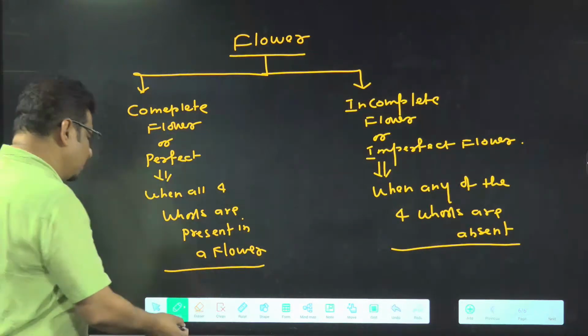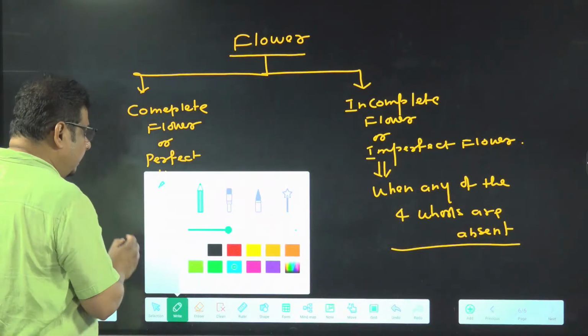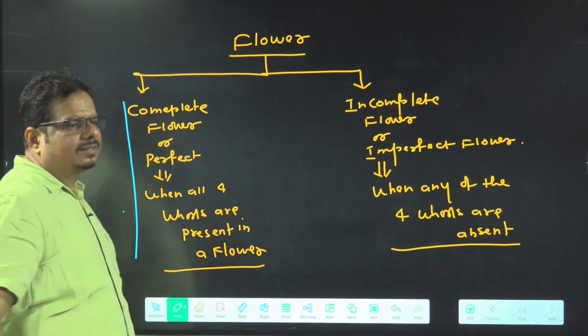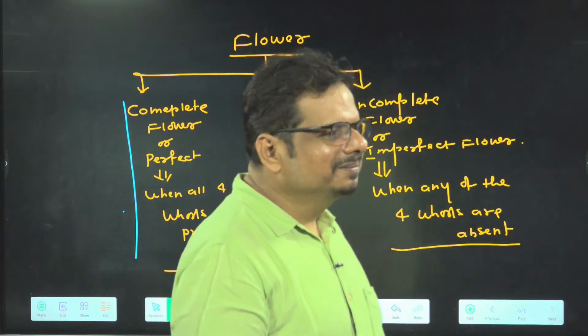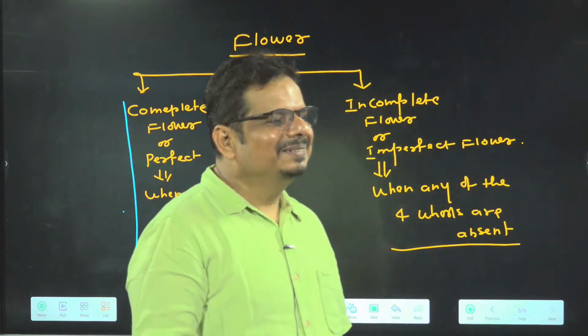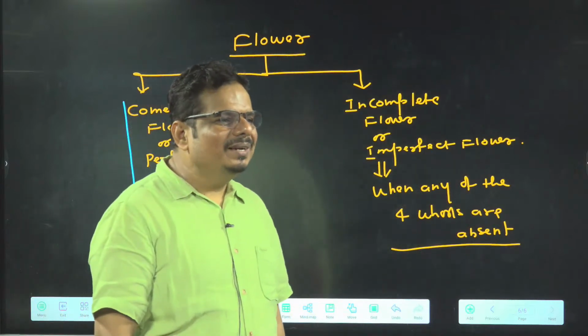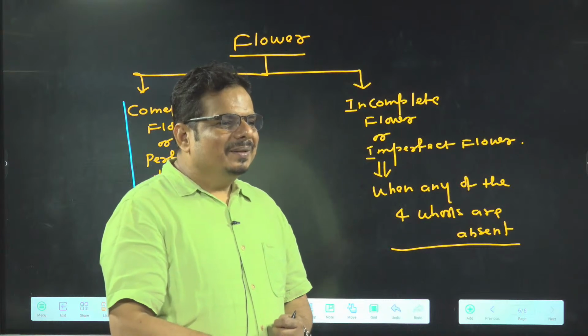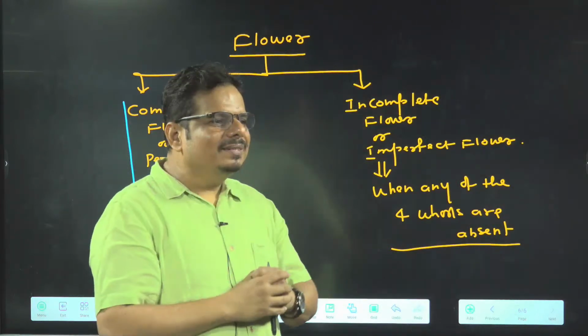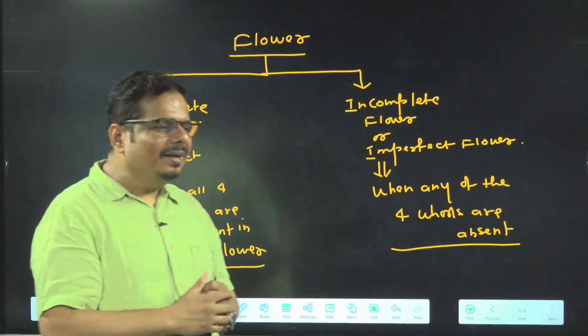Now I am asking a question. It is not written in NCERT, but it is a common sense based question. Can you tell me 10 examples of complete flower? A student asks, sir, polysepalous, gamosepalous example. If you just apply your common sense, you will not ask. Why?